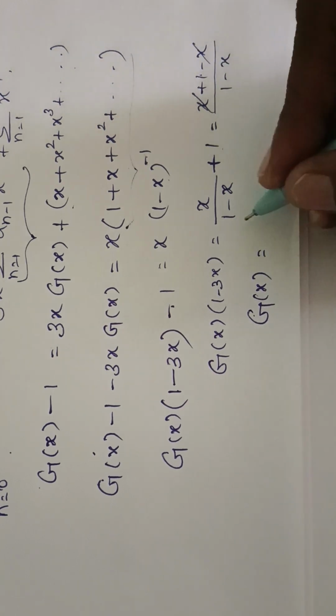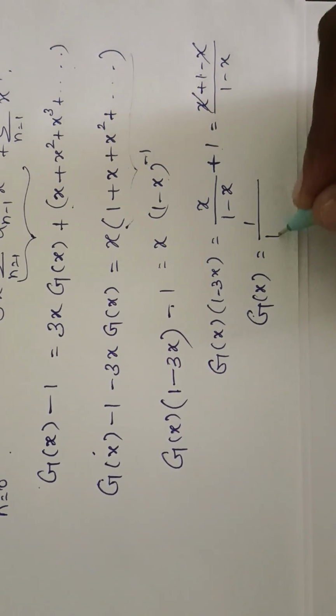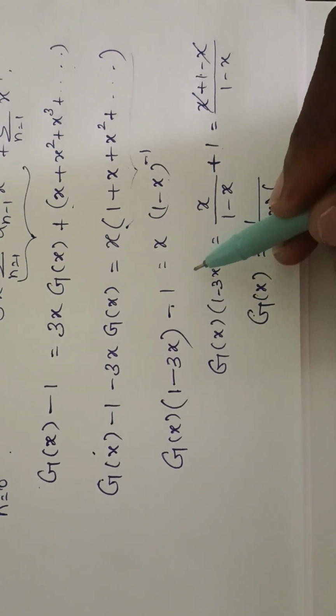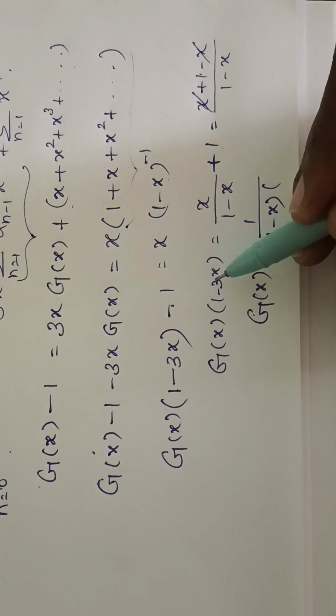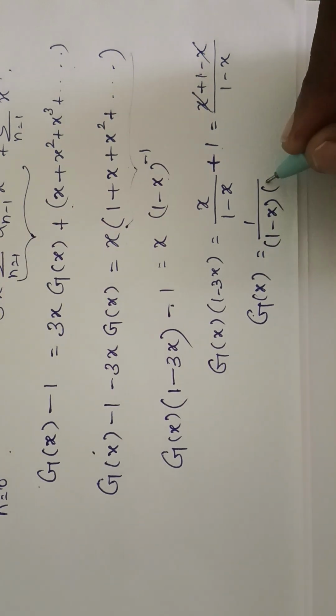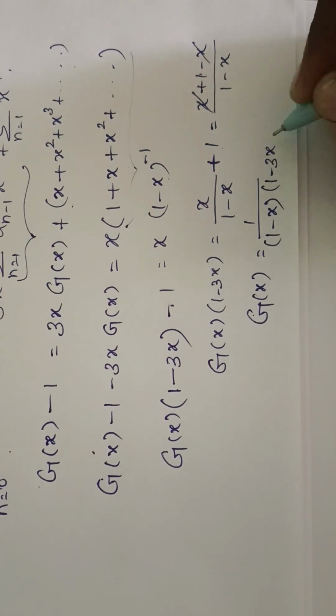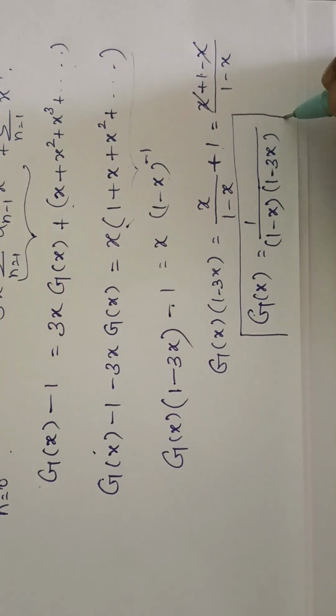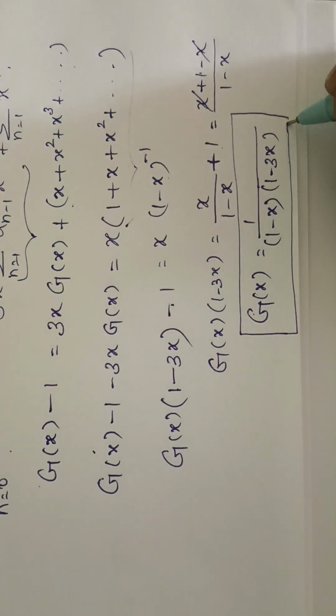The numerator only has 1, so 1 by 1 minus x. Then the left hand side 1 minus 3x converts to this side as divider, so 1 minus 3x. This is our final g of x value.